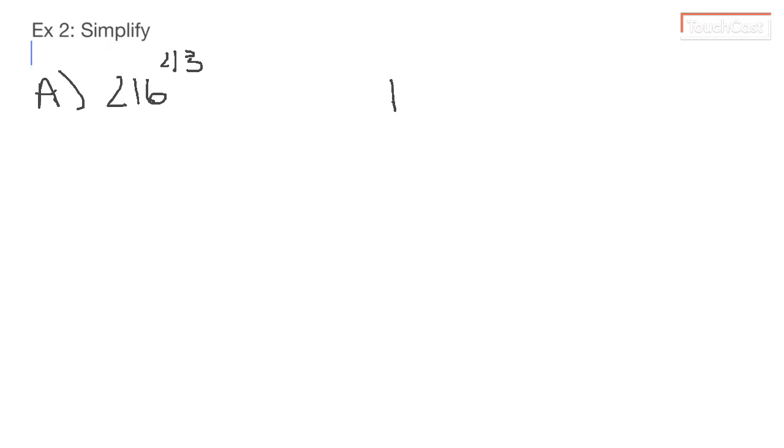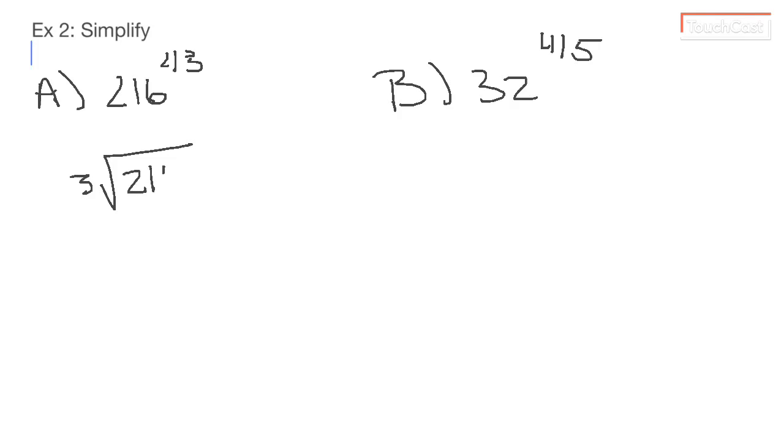And the second one is 32 to the power of 4/5. What this means for example 2a is we are taking the cube root of 216, and then we are going to square it. So we want to figure out what number times itself 3 times makes 216.